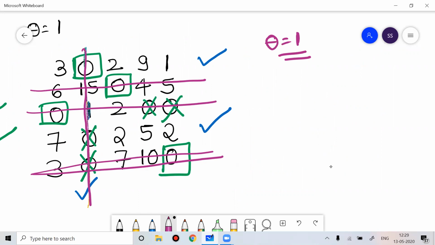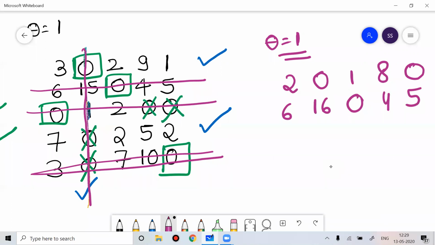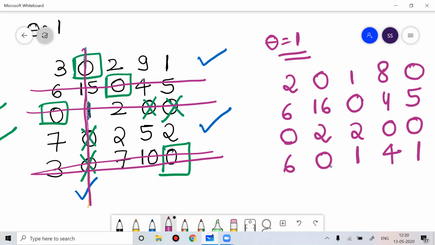Theta is 1. Now the matrix will be 2 0 1 8 0, then 6 16 0 4 5, then 0 2 2 0 0, then 6 0 1 4 1, then 3 1 6 10 0.